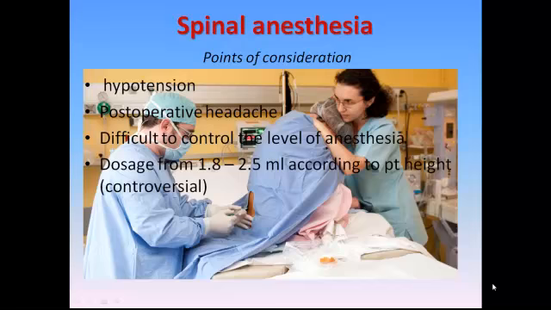The key points that we should always think of are the occurrence of hypotension, post-operative headache, and the difficulty in controlling the level of anesthesia, because a pregnant woman needs a smaller volume and dosage of anesthetic.